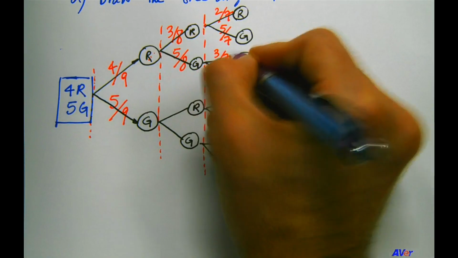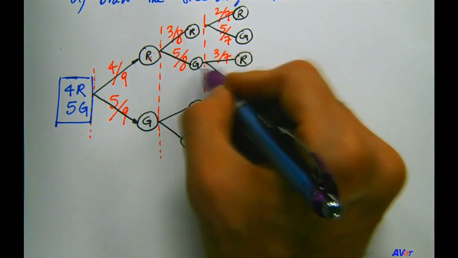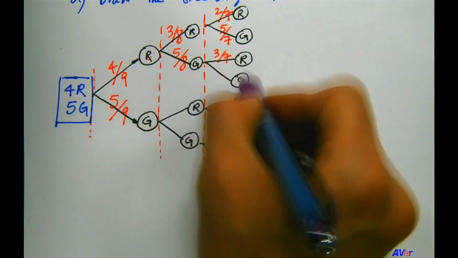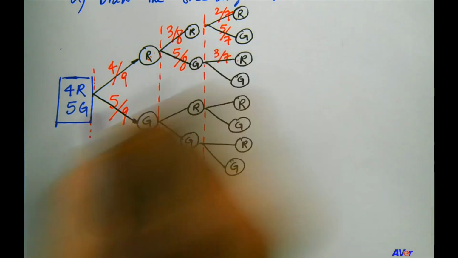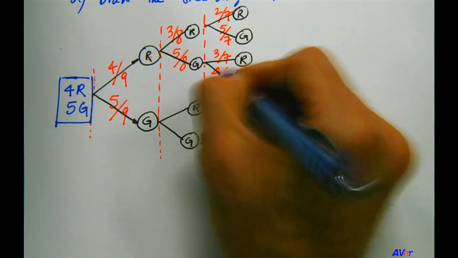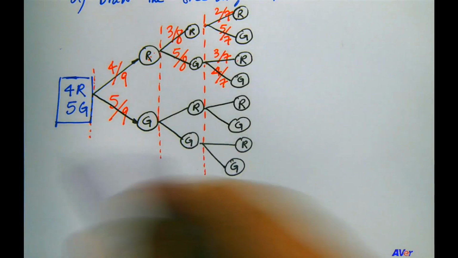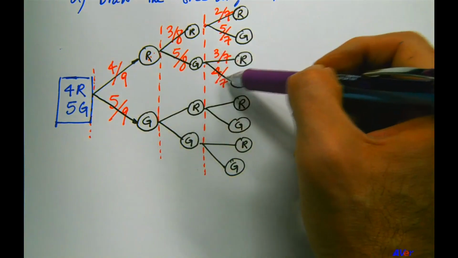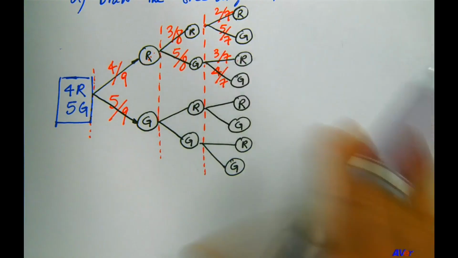So 3/7 possibility of that. To get a green one out, because one green is already out, to get another green one out, we have 4 out of 7. And once again, notice that 3/7 plus 4/7 is 1, right? 7 over 7 is 1.